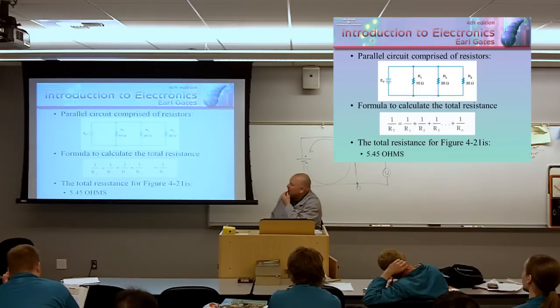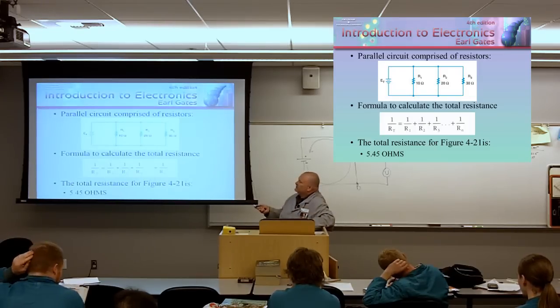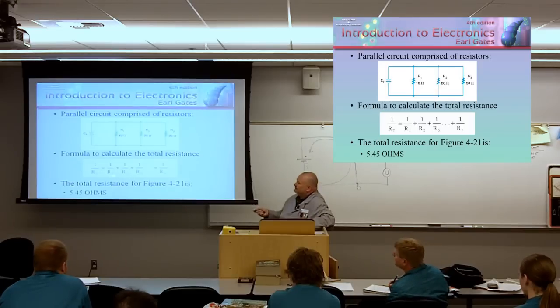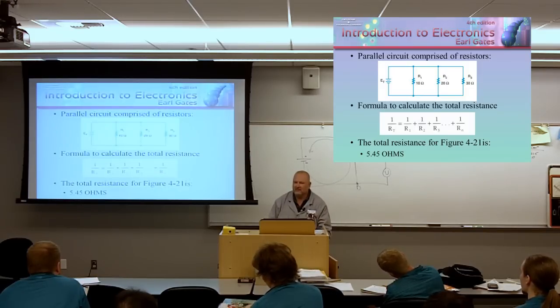Now, in order for us to calculate out the total resistance in parallel, this is kind of different. This is kind of odd, right? What we're going to do is this reciprocal formula. The reciprocal of resistor 1 plus the reciprocal of resistor 2 plus the reciprocal of resistor 3, on and on and on. That sounds awful familiar to me. What is the reciprocal of resistance?